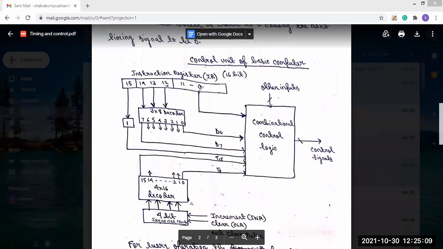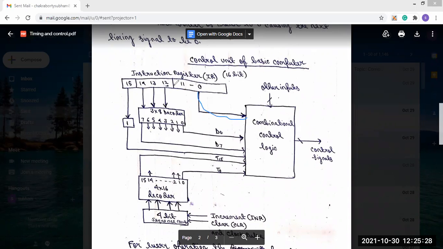From 12 to 14, these 3 bits are for holding the operation code.